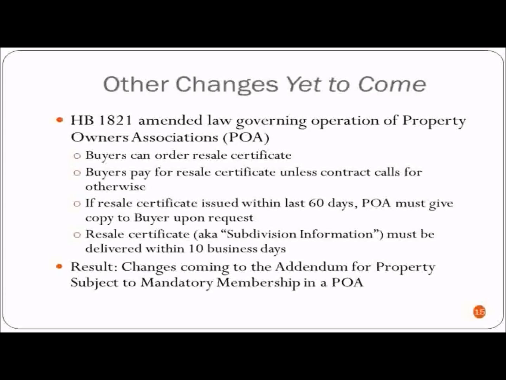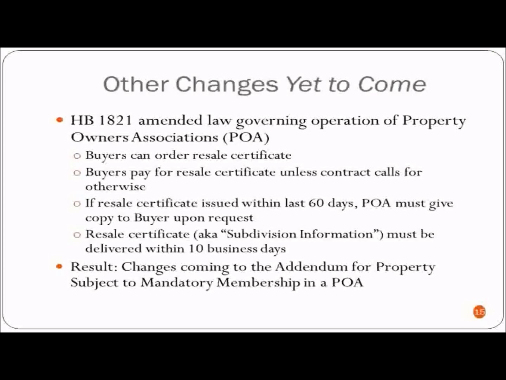Also, if a resale certificate was issued within the last 60 days, the Property Owners Association must give a copy to the buyer upon request. This was in an effort, unfortunately, the Property Owners Associations were making lots of money off of these requests from these resale certificates, and they would never allow us to just order a copy.